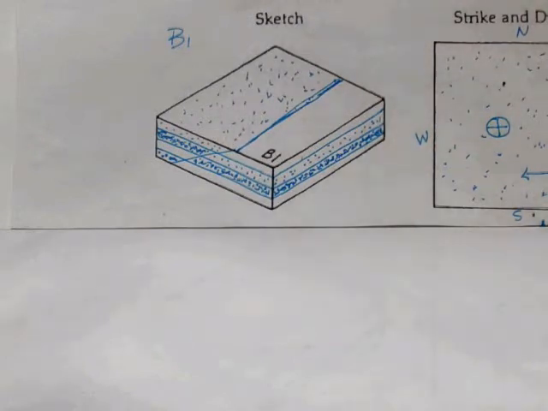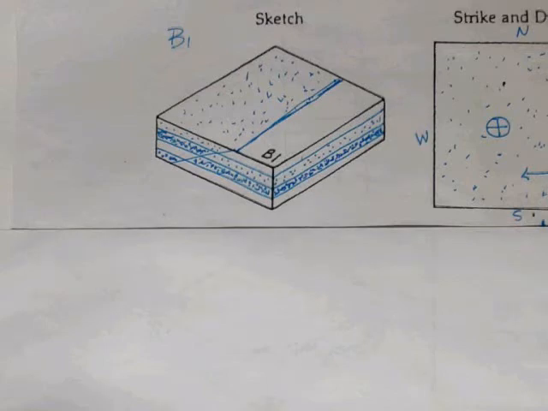And so this would be a variety of a dip-slip fault, where the motion has some vertical attitude to it. We have to decide now, is this a normal dip-slip fault or a reverse dip-slip fault?